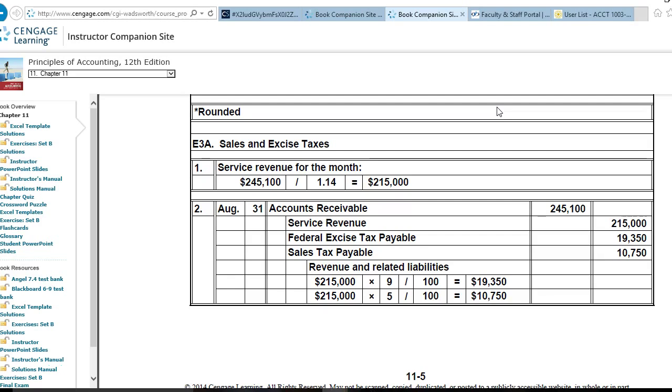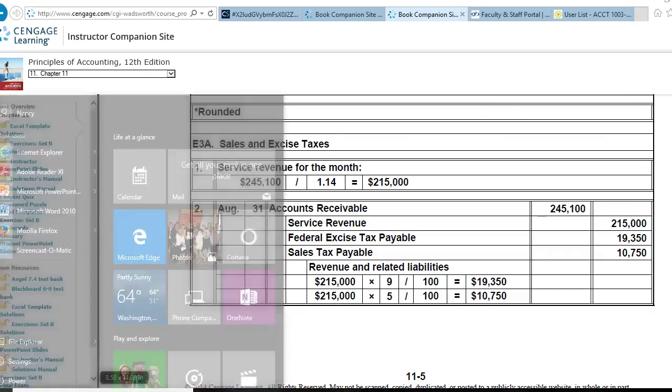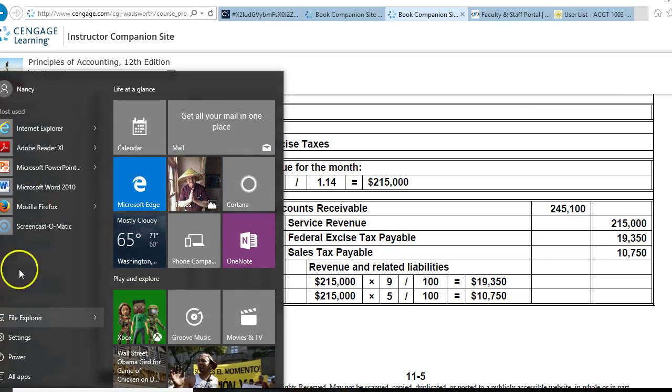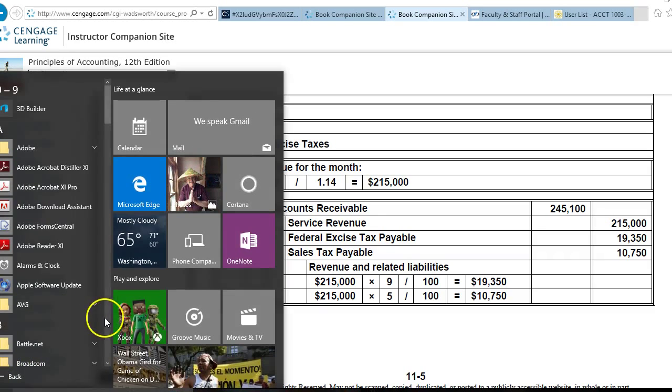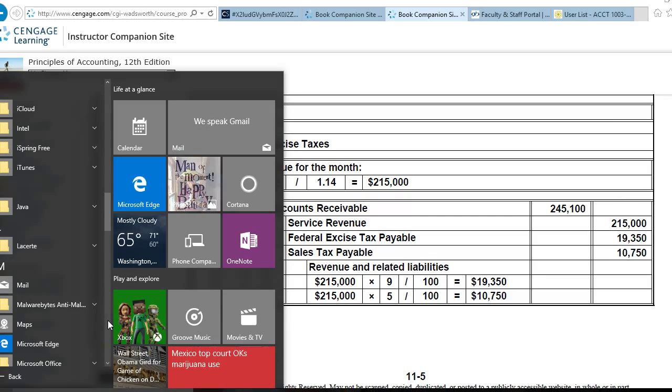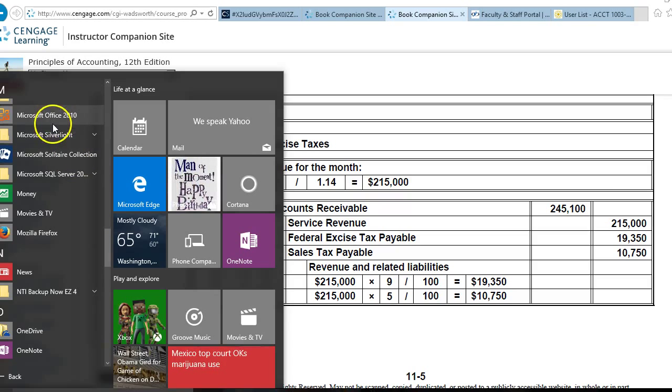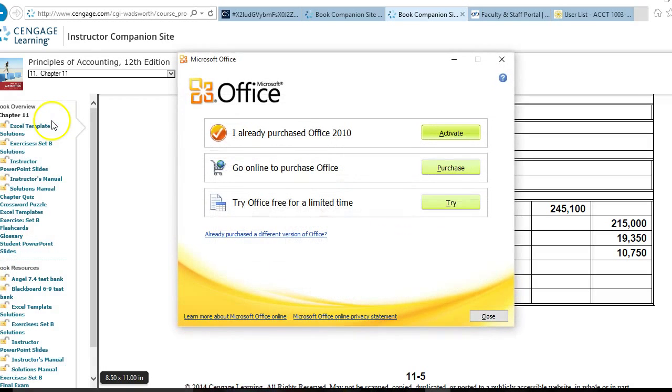So we could say X, which is our sales, plus 14% of sales equals $245,100. Does that make sense? Let me just get in here and show an example. Here's another way of looking at it. The way they're showing it is the easiest. But here's another way you can look at it.